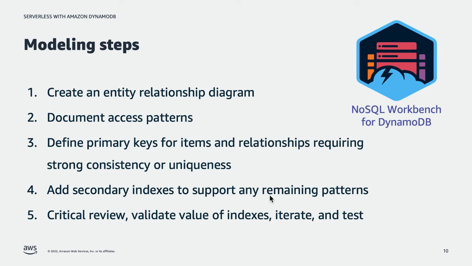These are things that we're going to be calling many times the same way, so we can structure the data to match. Once we have a list of access patterns, we can define primary keys for the items and think about the relationships. Where do we need to have strong consistency, and where do we want to have guarantees of uniqueness in that primary key? Then we can add secondary indexes to support any other remaining patterns.